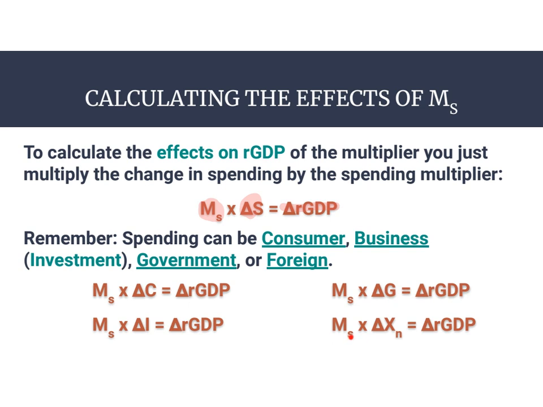And then we also have the spending multiplier times a change in net trade, or foreign spending, resulting in a change in real GDP. So all these four things are the components of real GDP. One of those changes, you can multiply it by the spending multiplier, and it'll tell you how big of an impact it'll have on total output, total spending, real GDP. It's all the same thing.